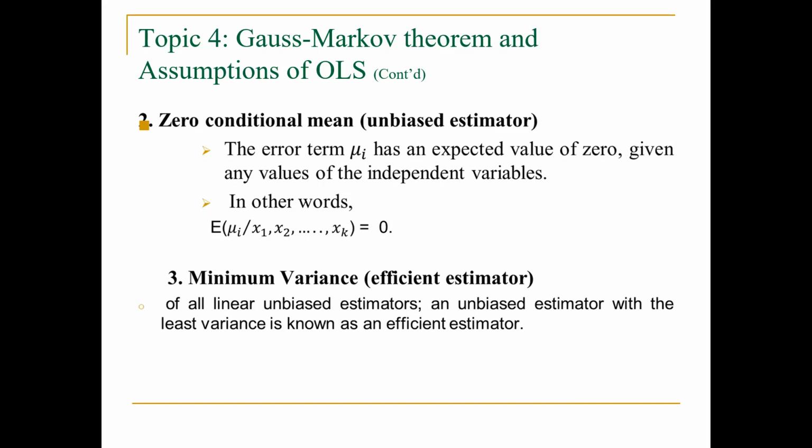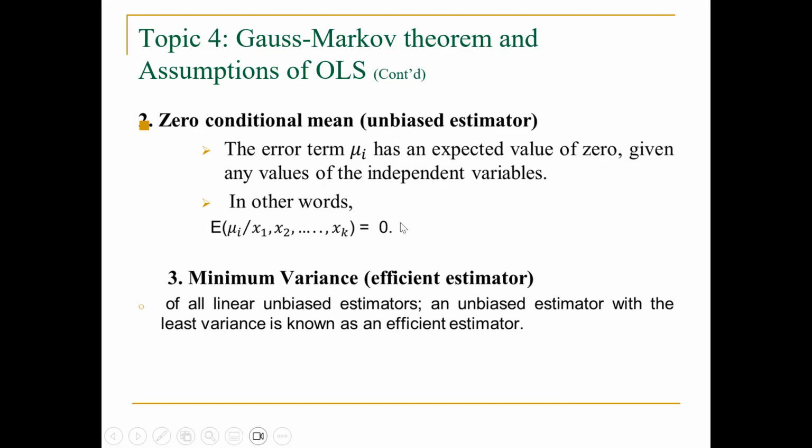So it means that the expectation, in the equation, this E means mean. The expectation of the error term, mu, given x1, x2, up to xk. These can be maybe farmers: farm 1, farm 2, up to 100, that's maybe k.